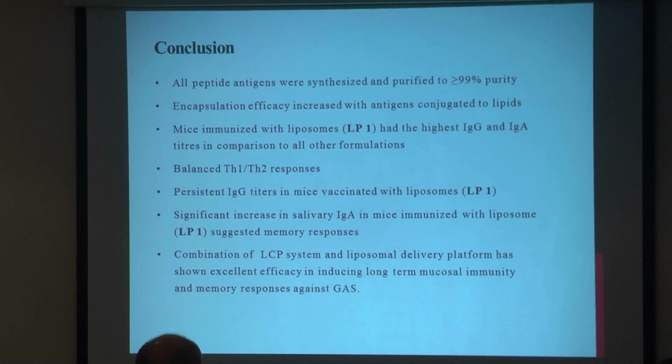I did manage to get a balanced Th1 and Th2 response. There were persistent IgG titers. There was a significant increase in salivary IgA in mice immunized with liposome LP1, which, as I've mentioned, suggested a memory response. And the combination of LCP and liposomal delivery platform has shown excellent efficacy in inducing long-term mucosal immunity and memory responses against group A strep.